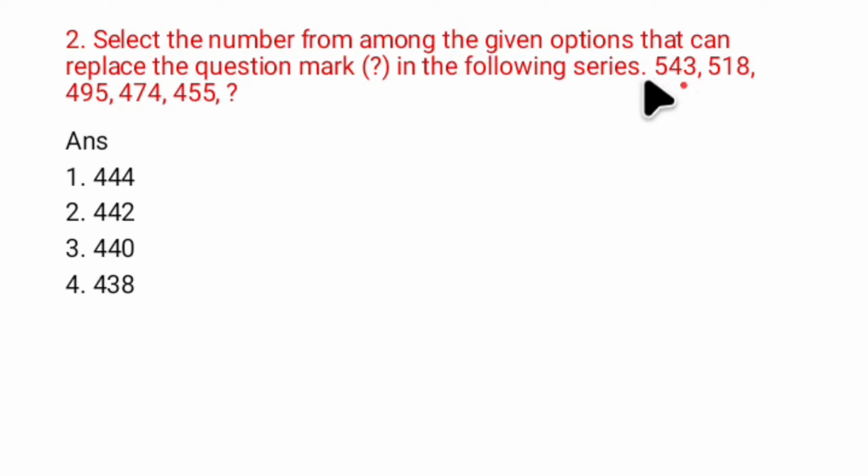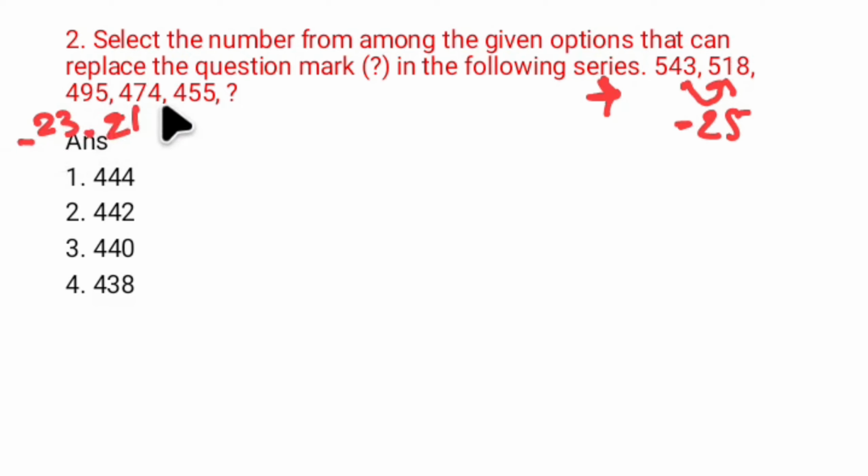Basically the numbers are decreasing in nature. So if you take the difference, from 543 to 518 the difference is 25. From 518 to 495, the difference is 23, and 495 to 474, the difference is 21, and from 474 to 455, the difference is 19.